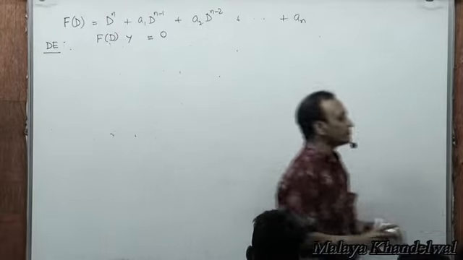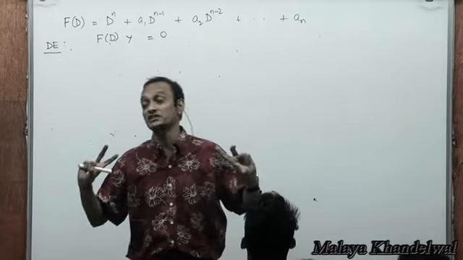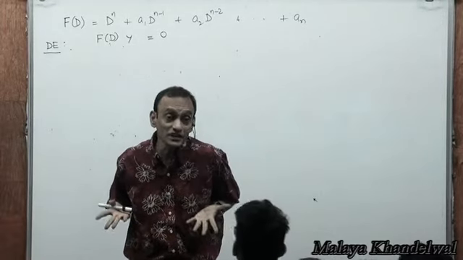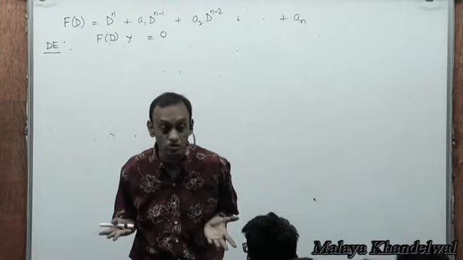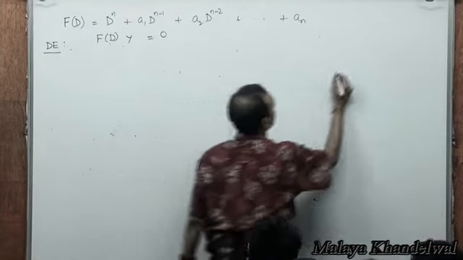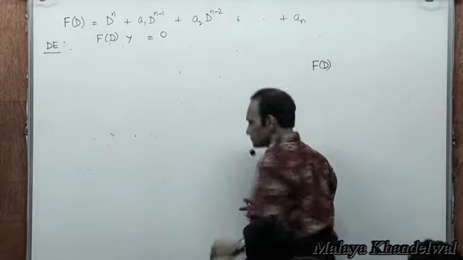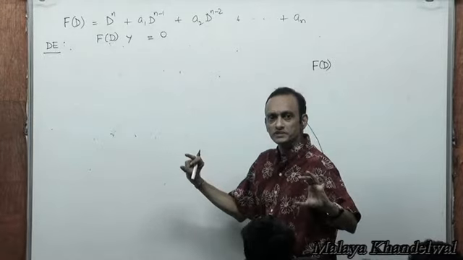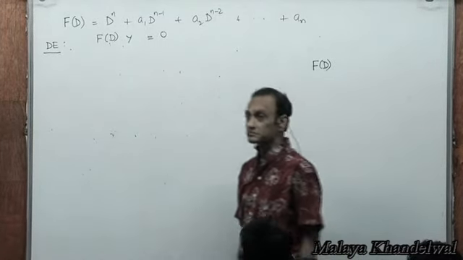For a moment, imagine F(D) to be just another algebraic expression in D. When you factorize, you'll imagine this to be an algebraic expression in D. So then, F(D), if it's an algebraic expression in D, could be factorized in terms of D.